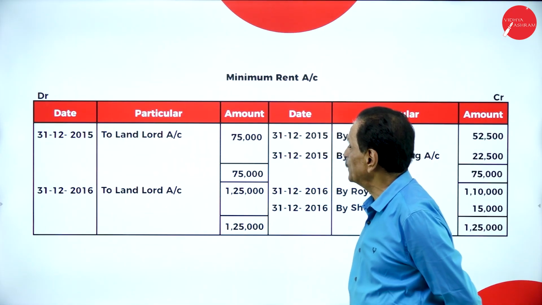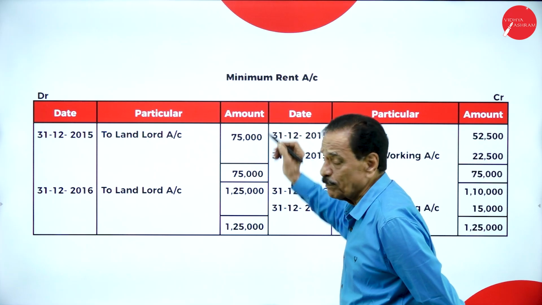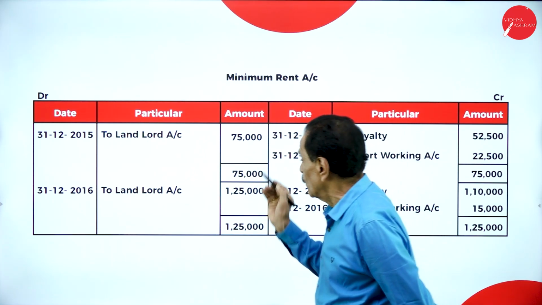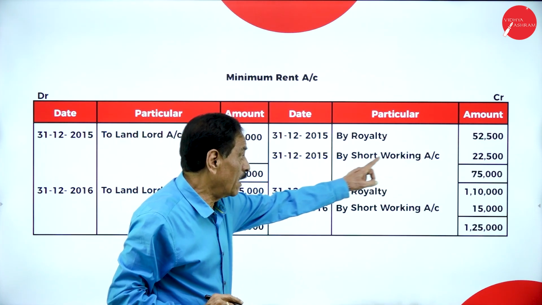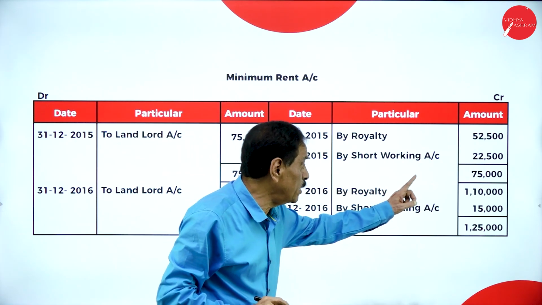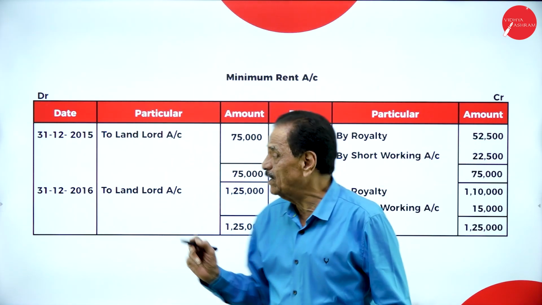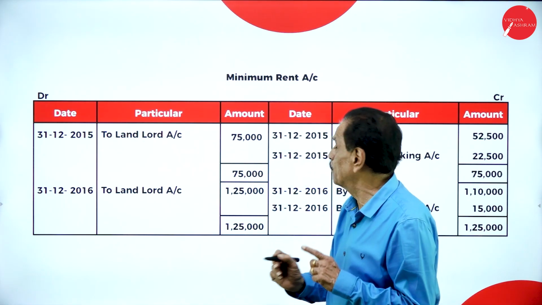So when you pass the entry, when the minimum rent is more, we have to pay the minimum rent. Minimum rent account debit to landlord. For that, how much royalty is receivable? By royalty account 52,500. How much shortage? 22,500. So here in this case, which is more? Minimum rent is more. Then we have to pay the minimum rent to the landlord.